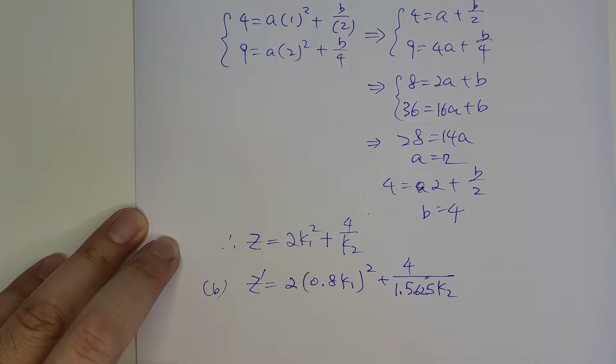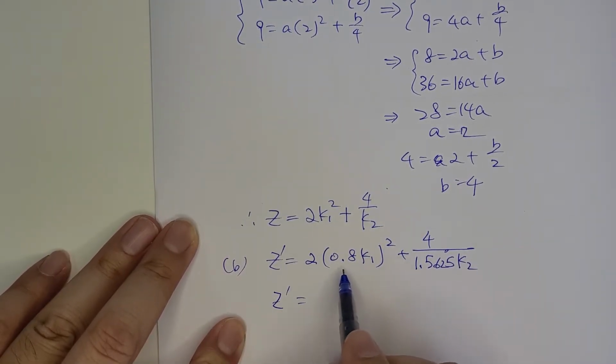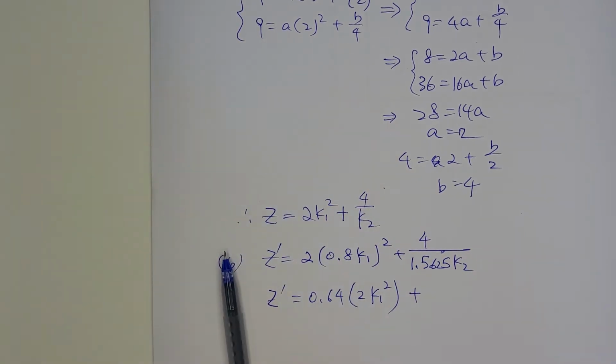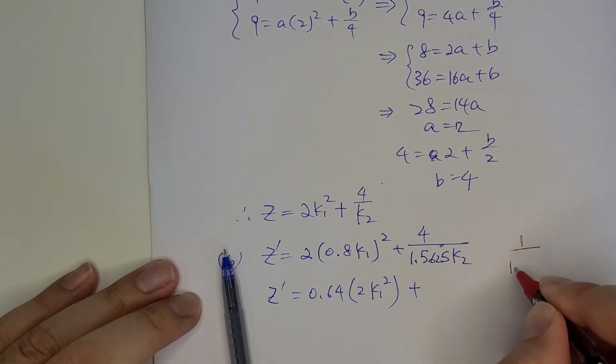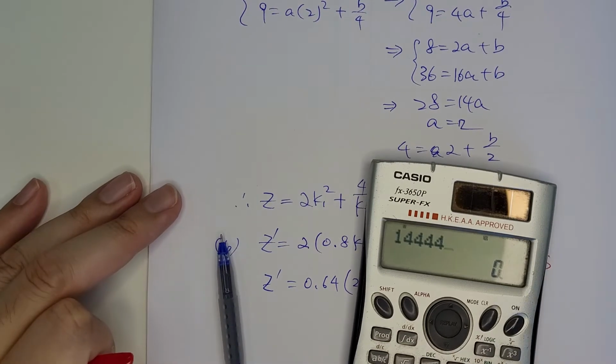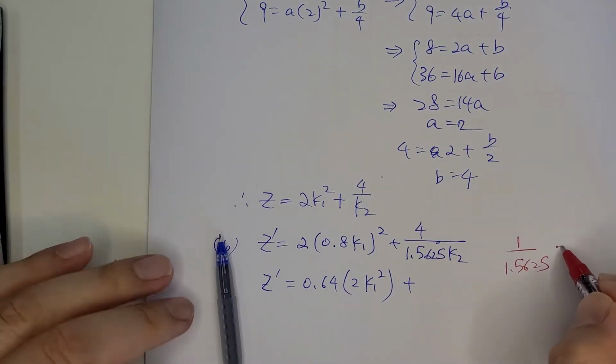Okay, and you can simplify this. 0.8 bracket square, that is 0.64 times 2 k1 square. Okay, plus in here, if you consider 1 over 1.5625, use the calculator to plug this, you also get 0.64.